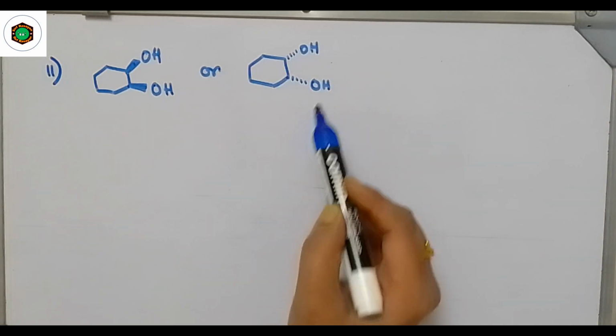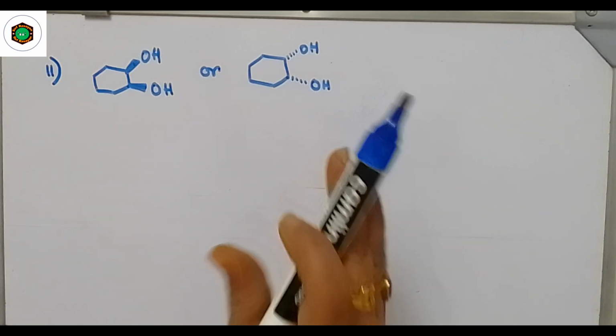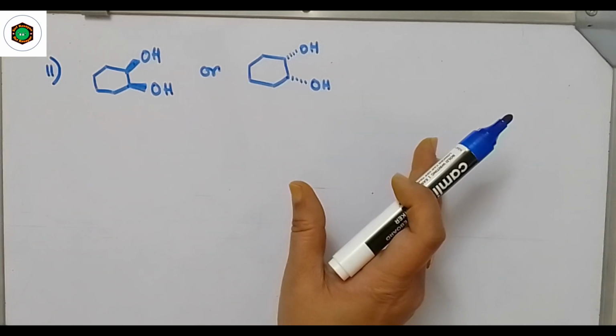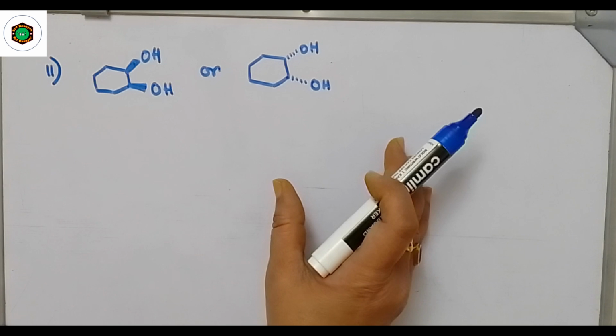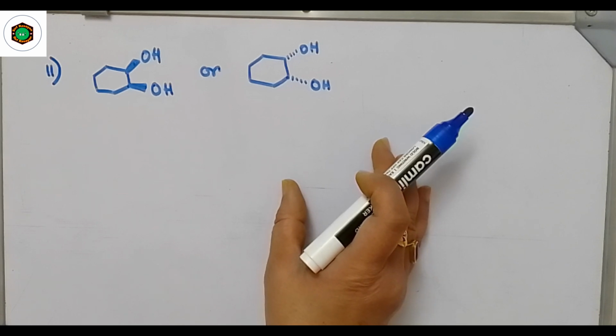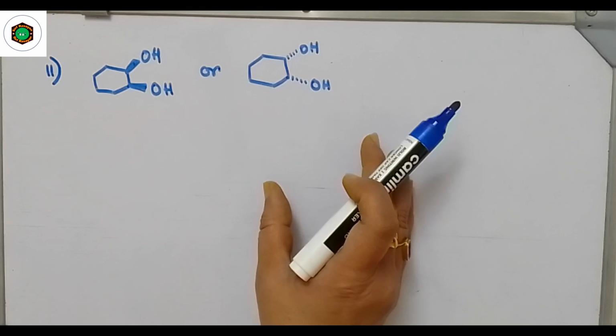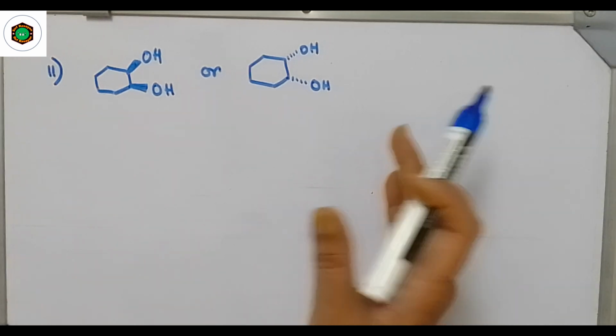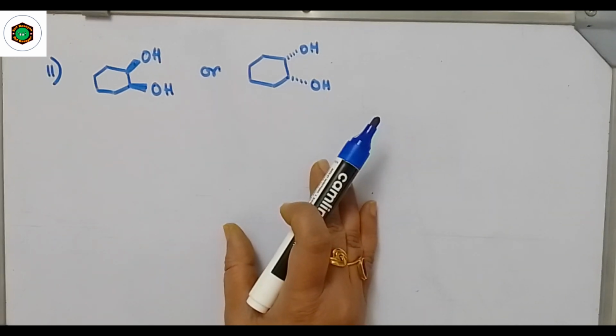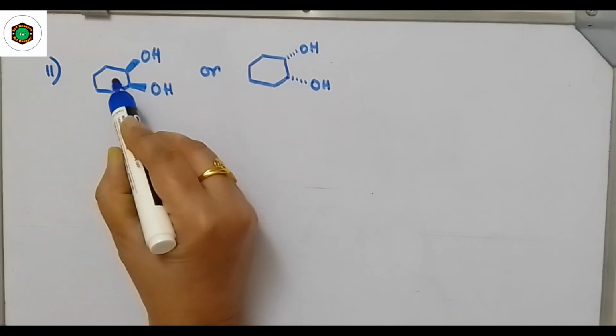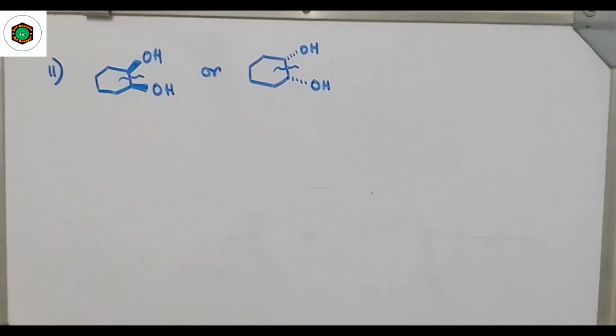Cis, here both the OH groups are below the plane, means at the same side. So here formation of cyclic intermediate by HIO4 takes place, and it is very easy. So oxidative cleavage takes place here and we will get the product.